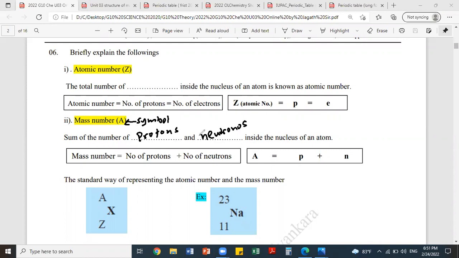So did you all get it? Mass number is equal to the sum of the number of protons and neutrons. Write this using symbols.